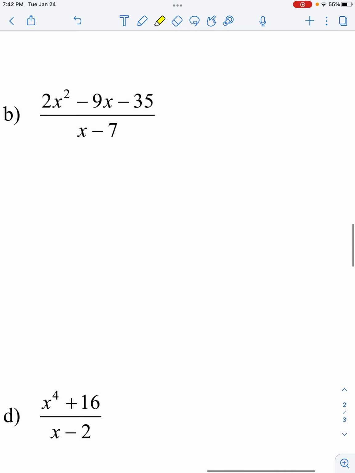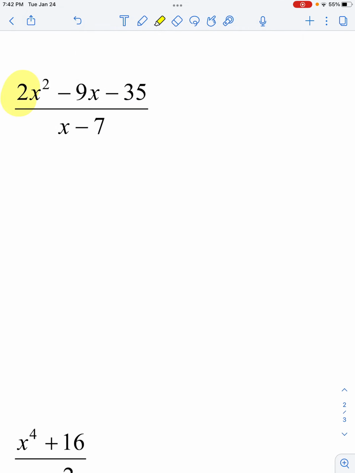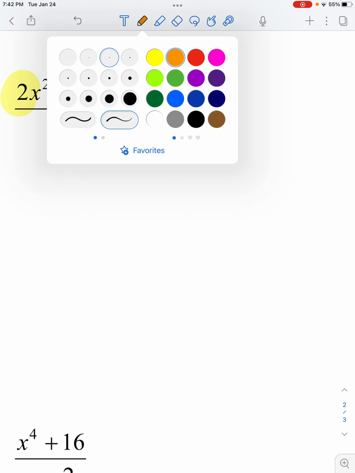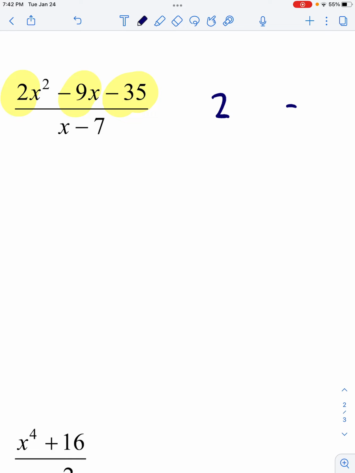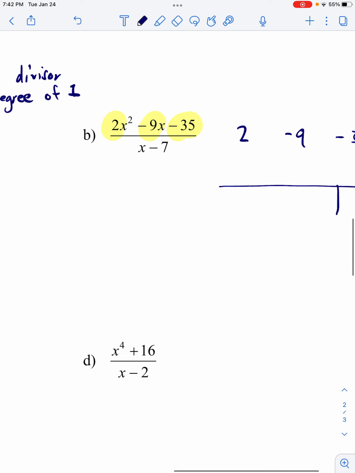First thing we do, we're going to look at the coefficients of our top polynomial. So we're going to write down 2, let me do this in blue, 2, -9, and -35. We just write down those coefficients. Draw a line, do your remainder box, and don't forget the crow's nest.